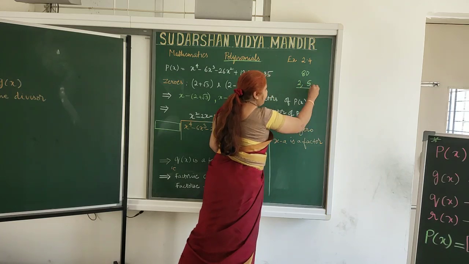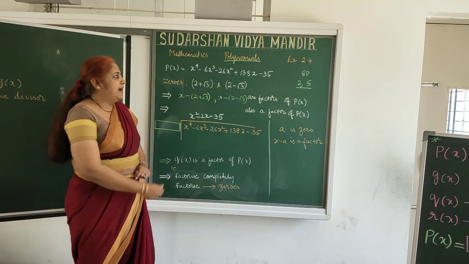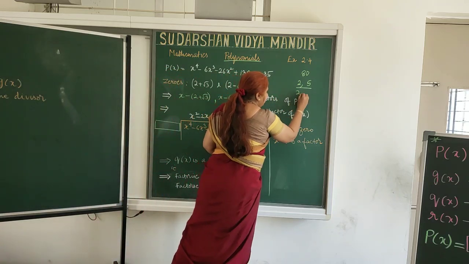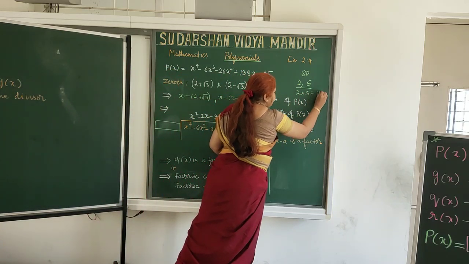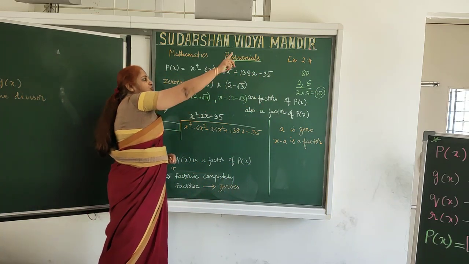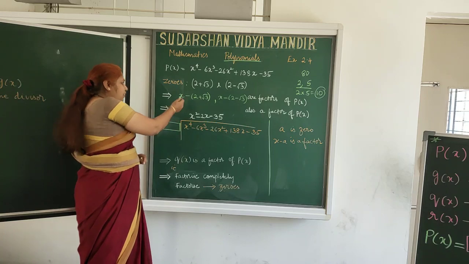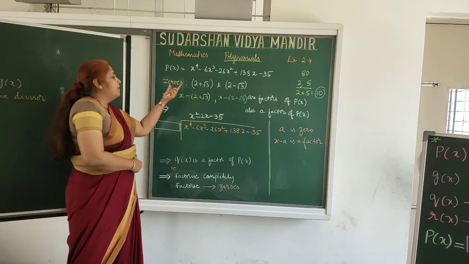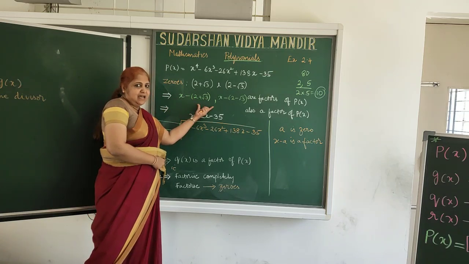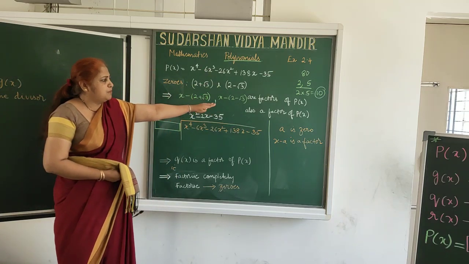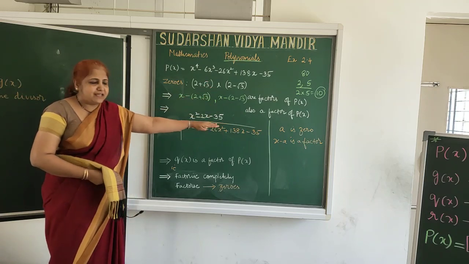I am talking about two factors. 2 and 5 are the factors of 80. 2 into 5 will also be a factor of 80. So now if I take the product of these two factors, the product that I get after simplification will also be a factor of p of x.